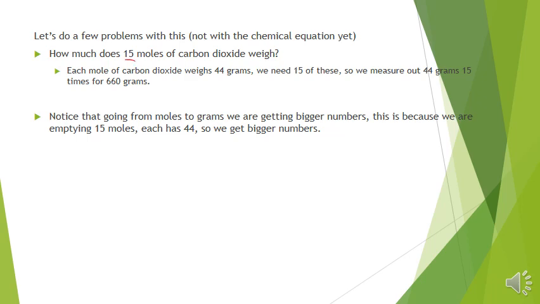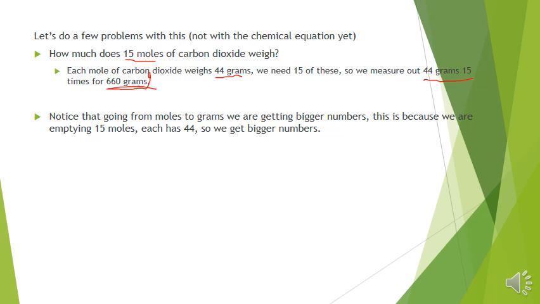So if I have 15 moles of carbon dioxide, we know each one weighs 44, and I have 15 of them. So you're going to do 44 grams 15 times. So that's going to be 660 grams of carbon dioxide. So if you want 15 moles of carbon dioxide, you need to weigh out 660 grams of carbon dioxide.